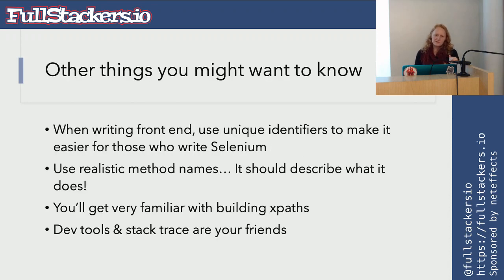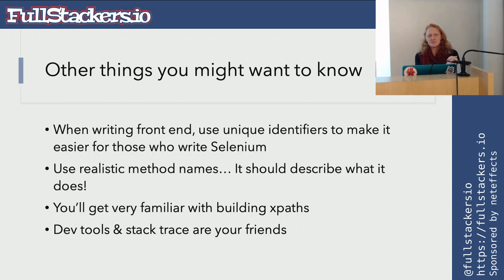Other things you might want to know: use unique identifiers to make it easier for those who write Selenium. If you're doing front end, unique identifiers are QA people's best friend. Use realistic method names.